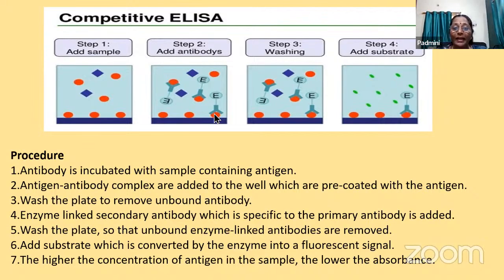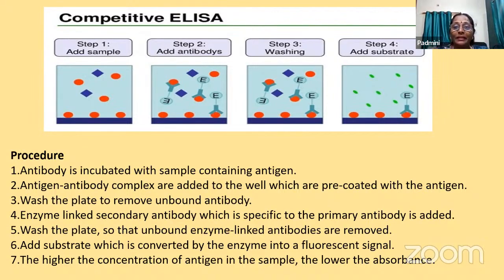If you have more antibodies, all those antibodies are going to get attached onto this antigen plate, and those that are bound are thrown out. Now, once you add a substrate, if you have more antibodies present on this plate, it is going to glow higher. The maximum color is expressed.